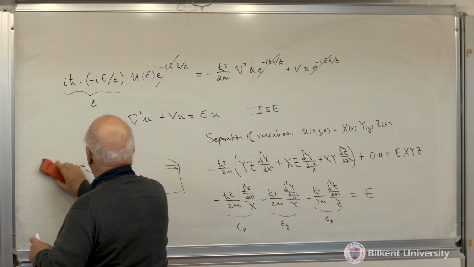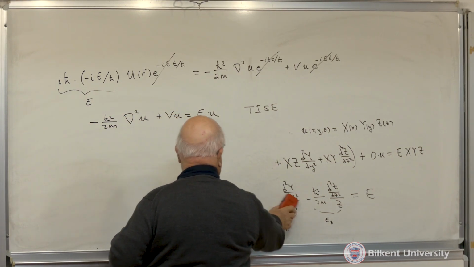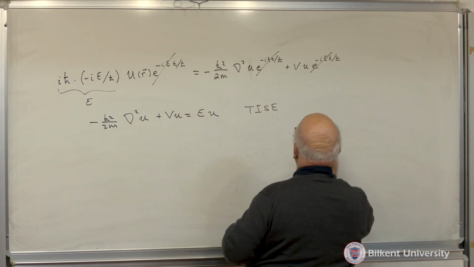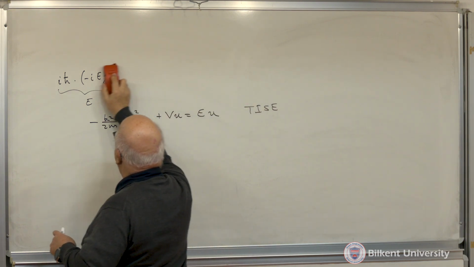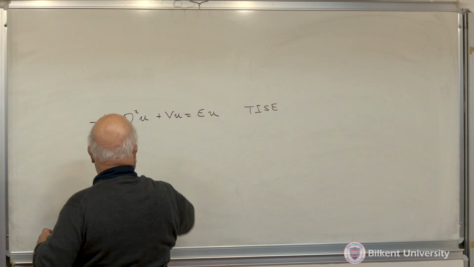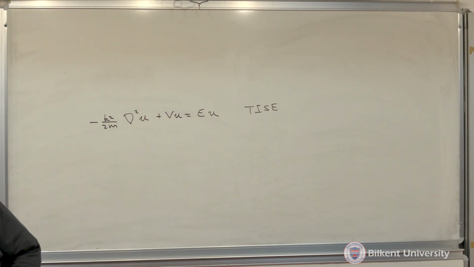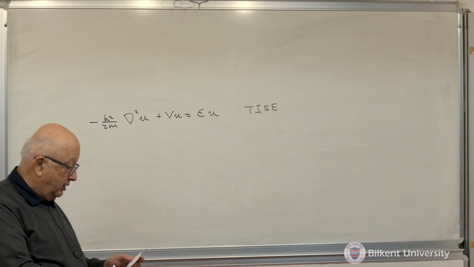I already have the equation here. Time-independent Schrödinger equation. Except that now I have to write it in spherical coordinates. And since I'm not one of those mortals who know the del squared operator in spherical coordinates, I have to check my notes.